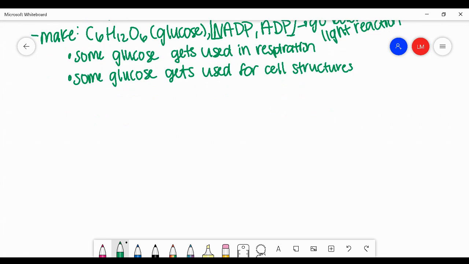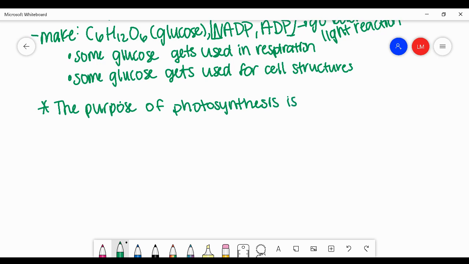Two final thoughts on this is that the purpose of photosynthesis is to make glucose.